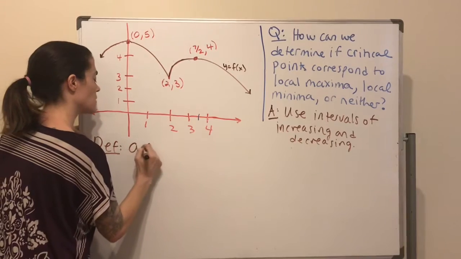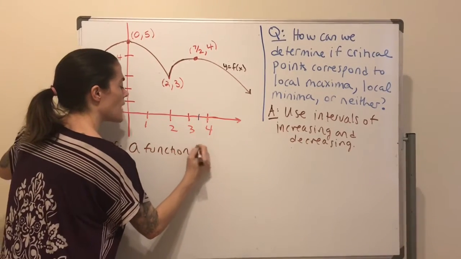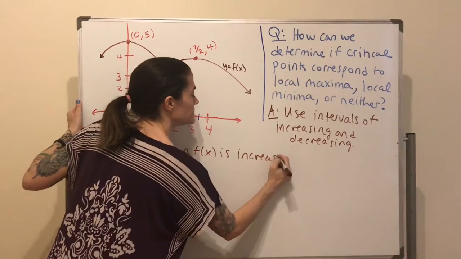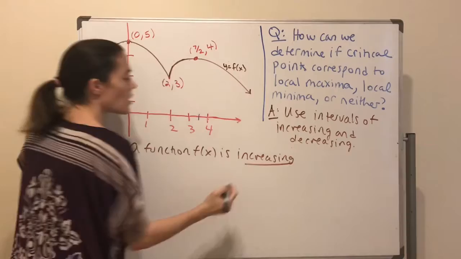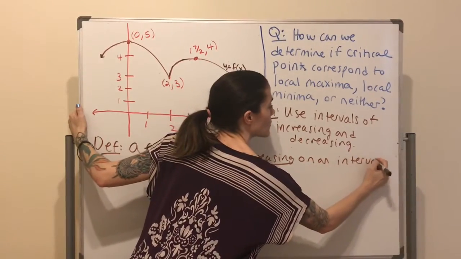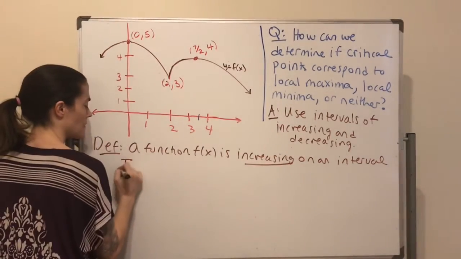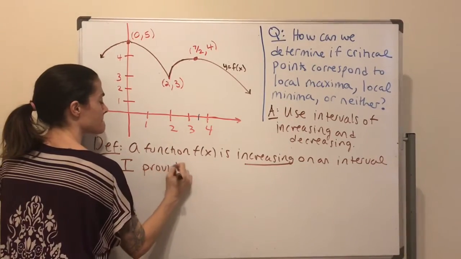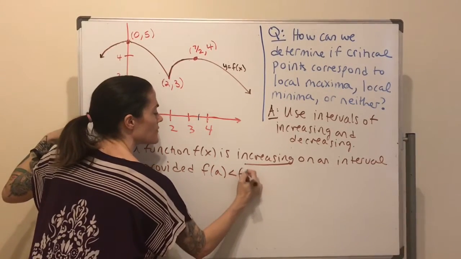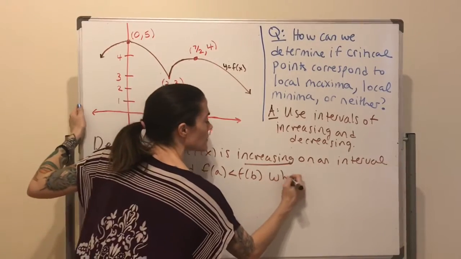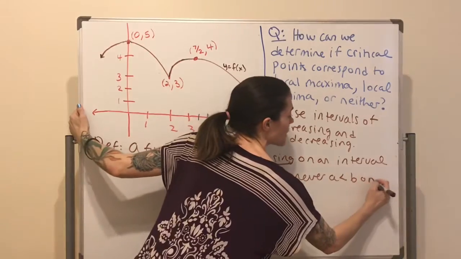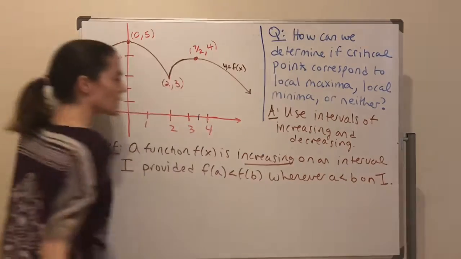So a function, f of x, is increasing on an interval I, provided f of a is less than f of b whenever a is less than b on I. Okay?